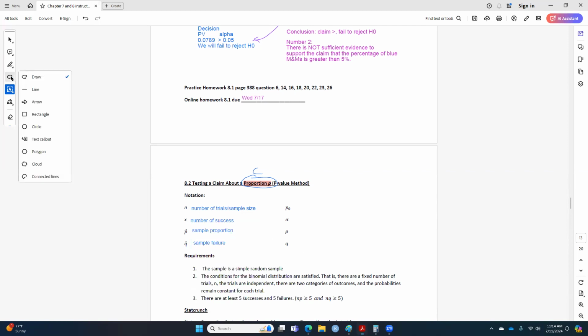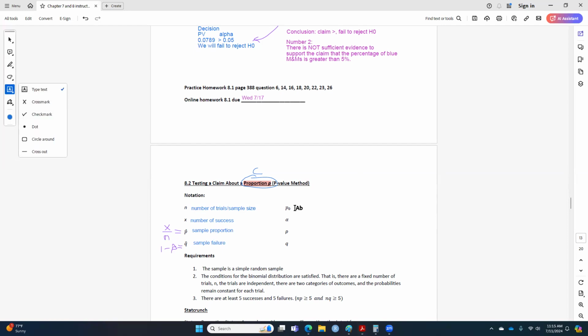There are formulas to find the sample proportion. The sample proportion can be found by taking X over N. Q hat, the sample failure, can be found by taking 1 minus P hat. So if you know the sample proportion is, let's say, 20%, then the sample failure will be the opposite of 20%, which is 80%. Then we have more values.